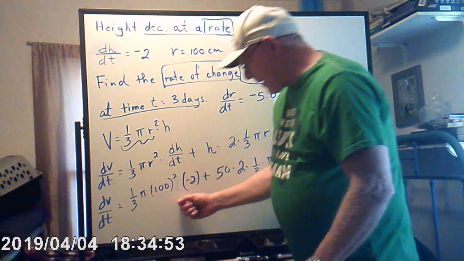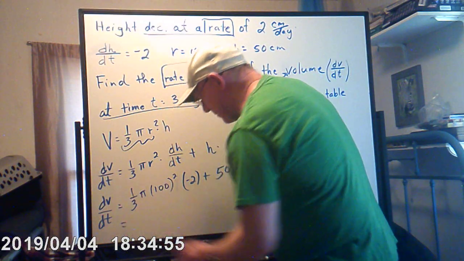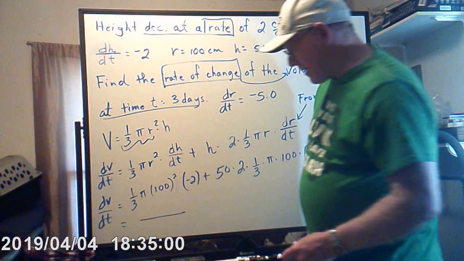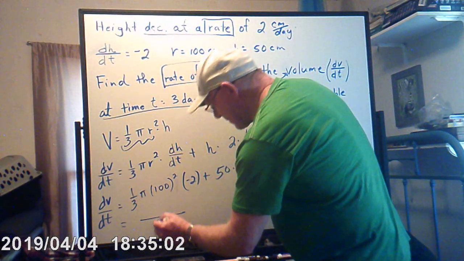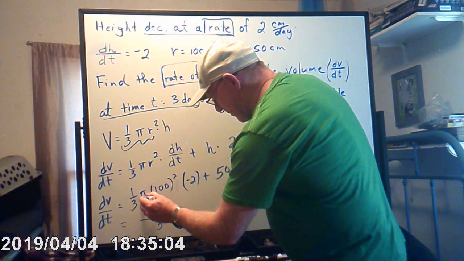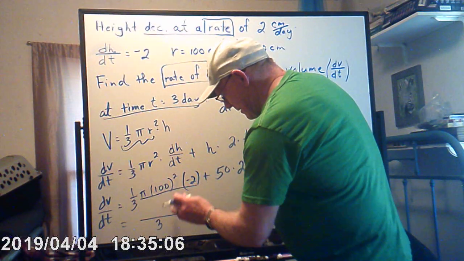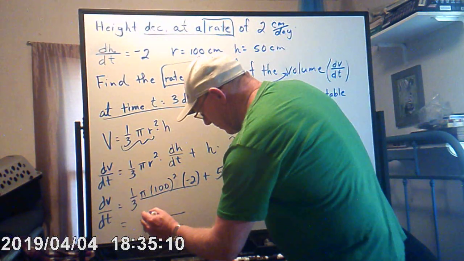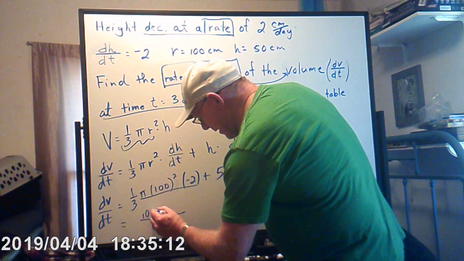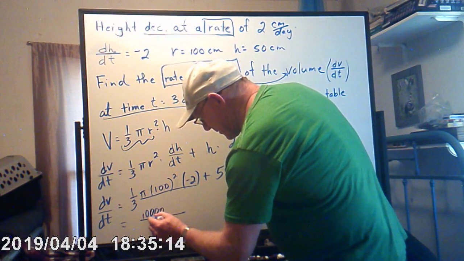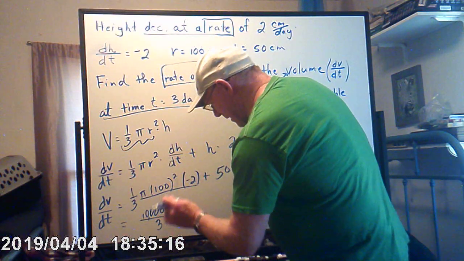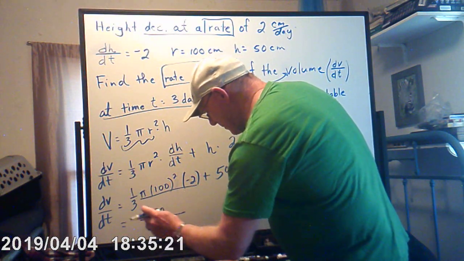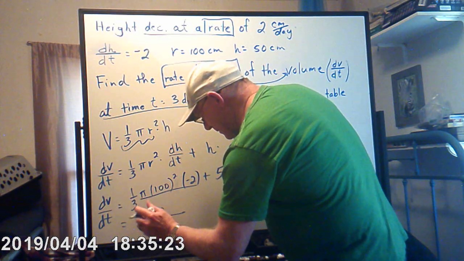And then when we get down to here, this is going to be equal to, let's put everything over 3 here. 3 is going to be down here, that's my denominator, and everything's up here in the numerator. All right, so let's go ahead. 100 squared is 10,000, just tack on a couple more zeros, and then we're going to put the pi on the end, times -2, which is -2,000.